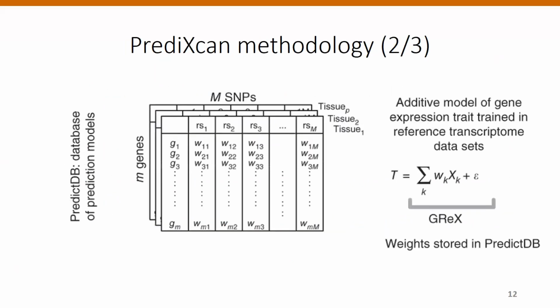type of data. Once you have that, you can build regression models to infer the transcription levels from the genetic variation. So for each gene, in each tissue, and this is T here in this small equation, you just make a regression on the SNPs, which are the X's, the alleles of the SNPs, and give them weights. And thus you have a model for each gene in each tissue for its expression.